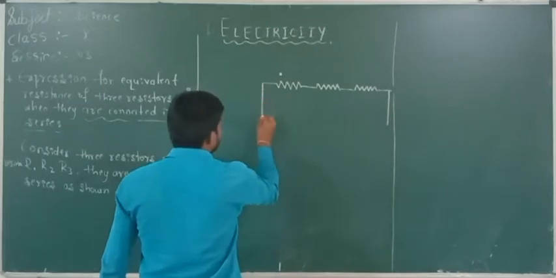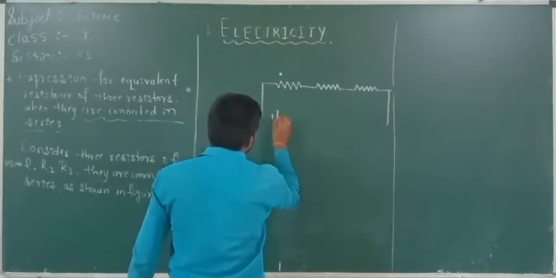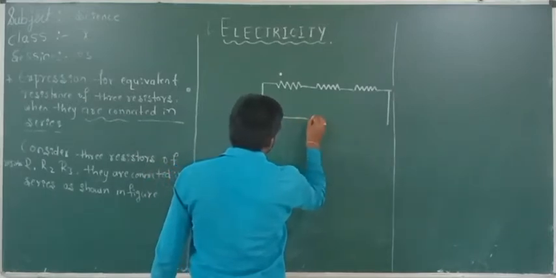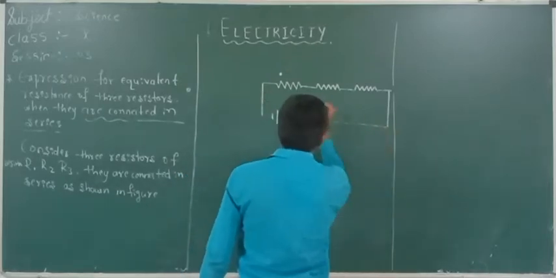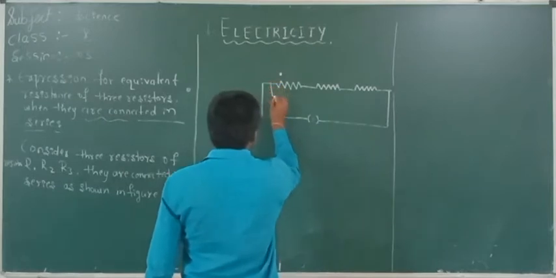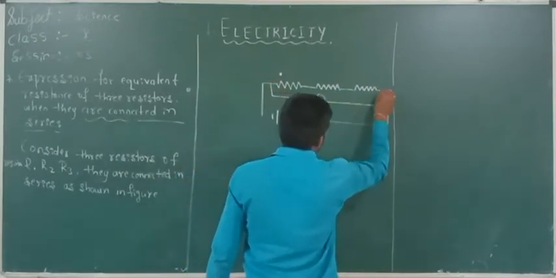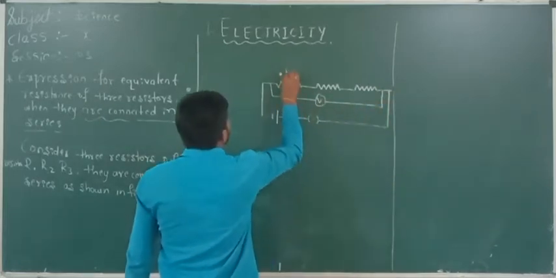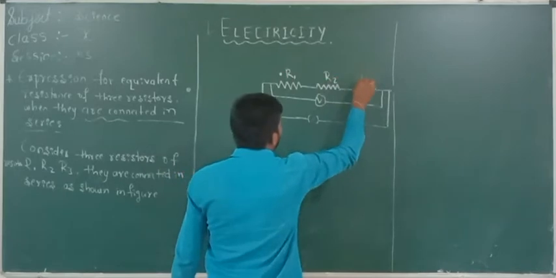Series connection is nothing but end-to-end connection. These are the resistors of resistance R1, R2 and R3.